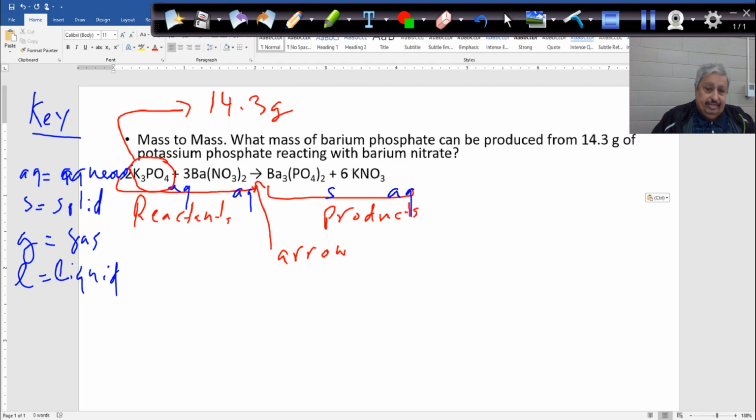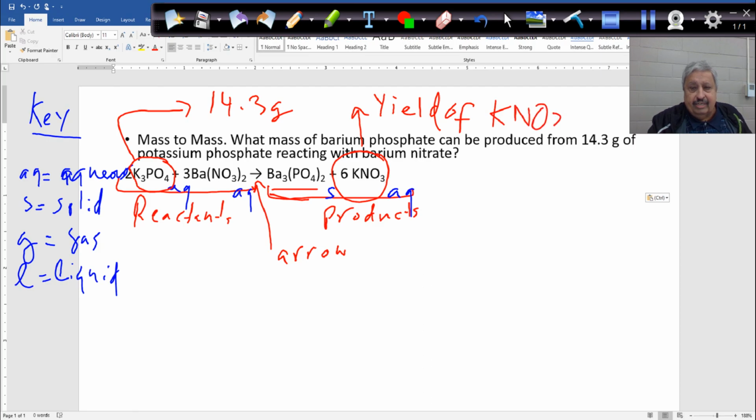To give you barium phosphate, this is a solid, correct? Plus potassium nitrate. And what will be, for example, the amount of the yield? We can say the yield of this solid.